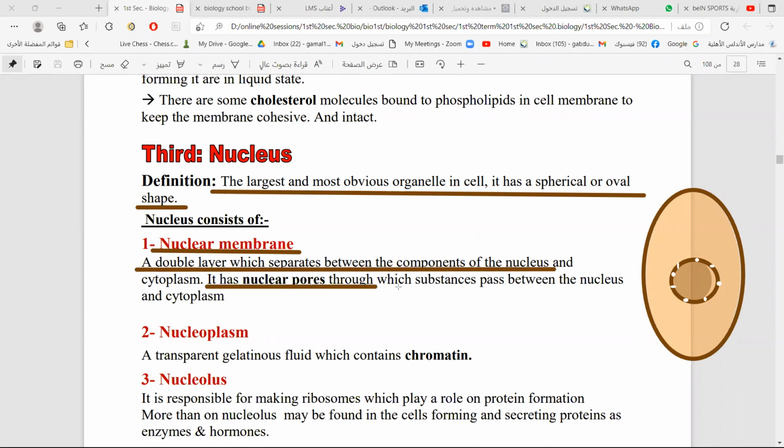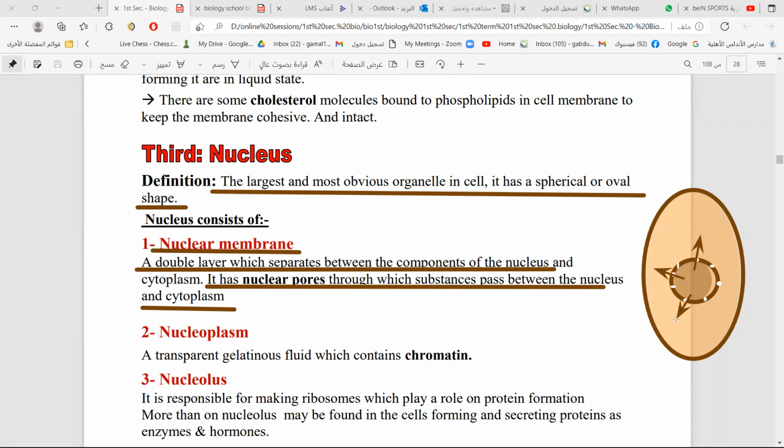It has nuclear pores, through which substances pass between the nucleus and the cytoplasm. So some substances can pass between the nucleus and the cytoplasm, like the DNA and the RNA. The RNA can pass through these pores to outside the nucleus.